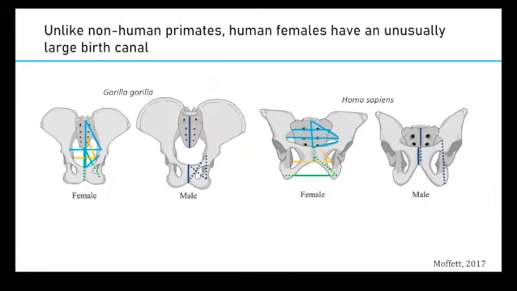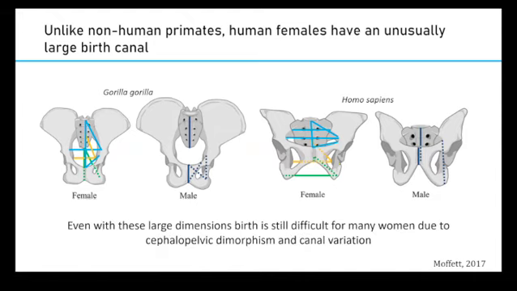So in non-human primates, the birth canal is very small. In Homo sapiens, it's very large. But even if it's large, there are some circumstances where it's not large enough.